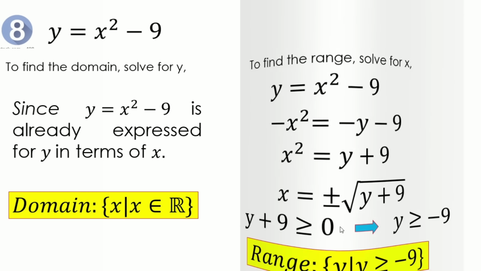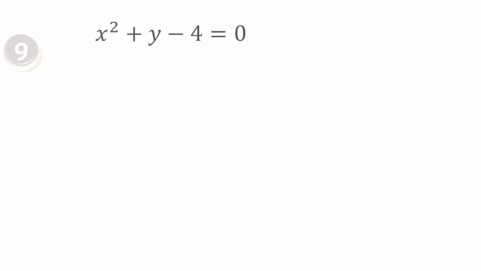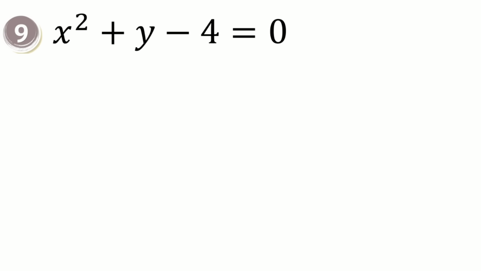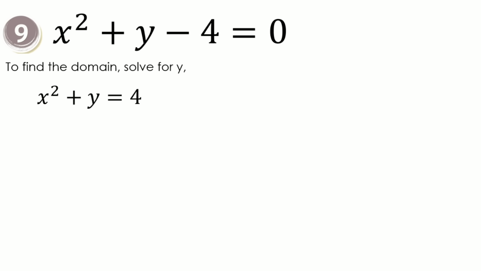I'll give you another example. x squared plus y minus 4 equals 0. Looking at the equation, it is not yet arranged. To find the domain, solve for y. So, again, using this equation, let's solve for y. x squared plus y, so negative 4, we move to the other side.